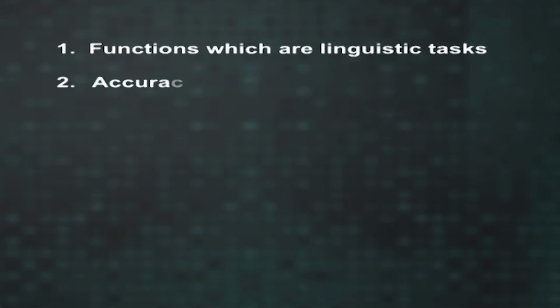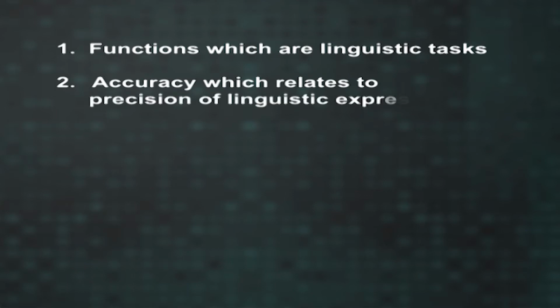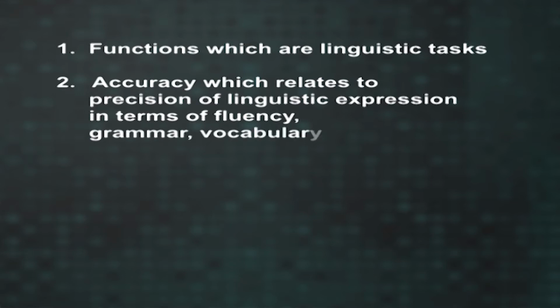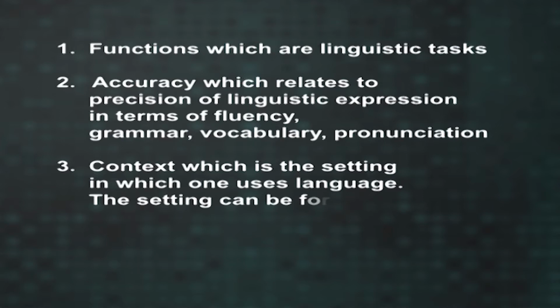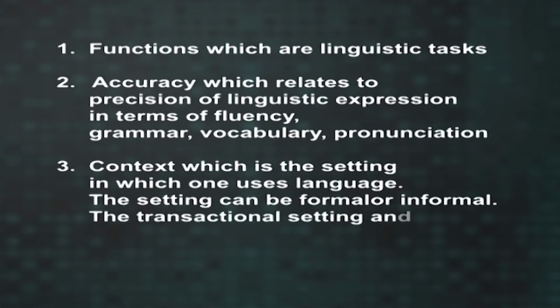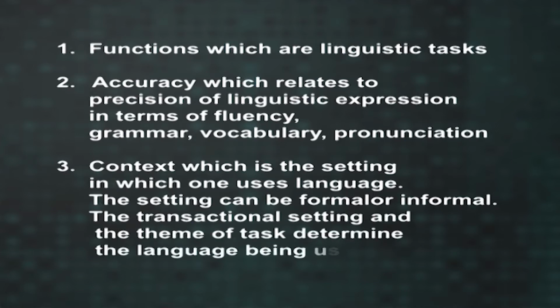They are functions, which are linguistic tasks; accuracy, which relates to precision of linguistic expression in terms of fluency, grammar, vocabulary, pronunciation; and context, which is the setting in which one uses language. The setting can be formal or informal. The transactional setting and the theme of the task determine the language being used.